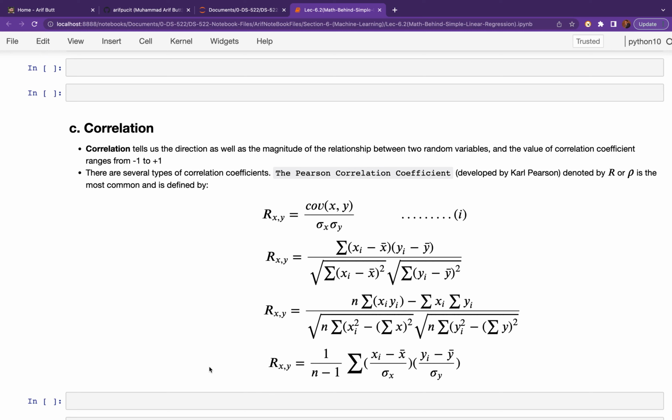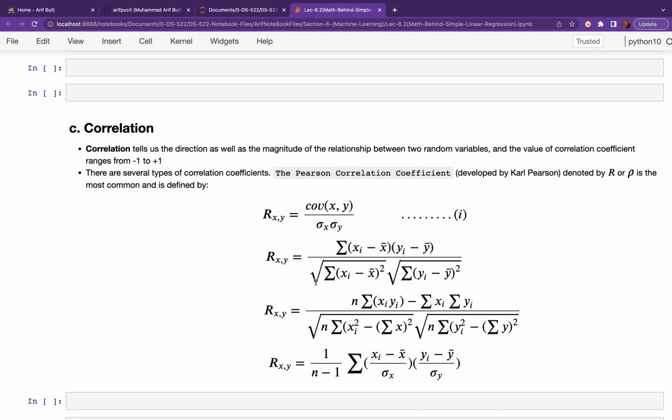Well, unlike covariance, correlation actually tells us the direction as well as the magnitude of relationship between the two random variables. In statistical literature, you may come across different formulations of the correlation coefficients, normally represented by an R or this rho symbol.